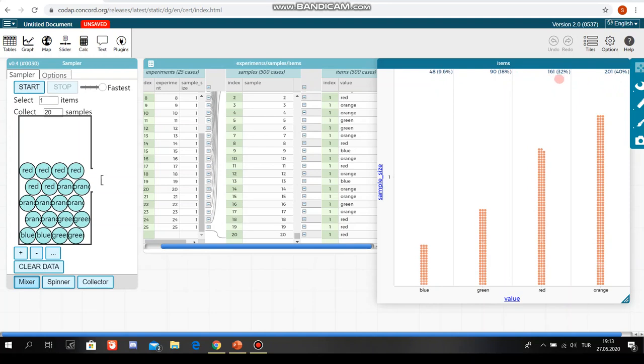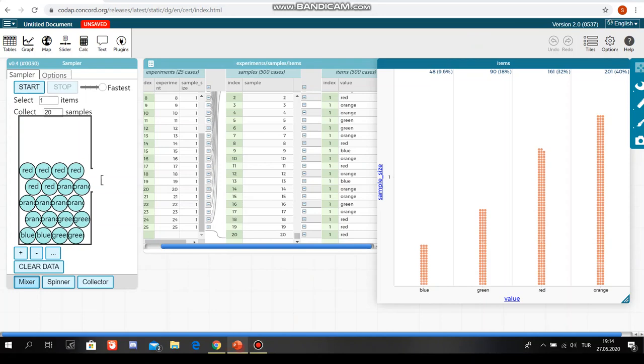What about the other ones? This is 32, 18, 9.6%. Why do we have any difference? Is what we did before wrong? It is not wrong, of course.